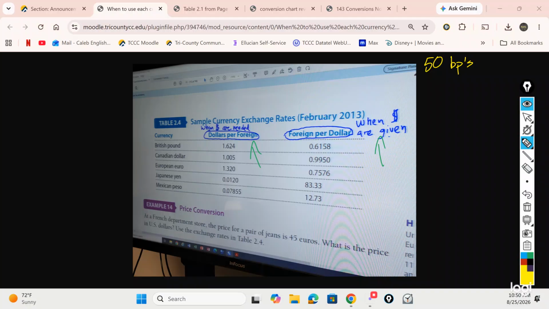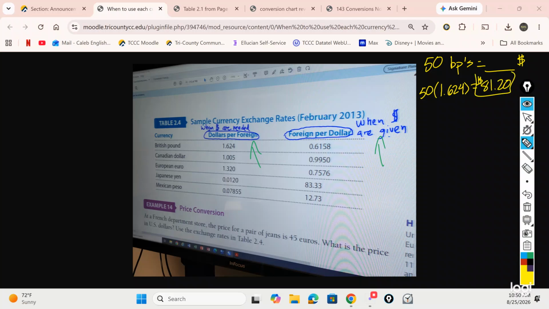And you need dollars. So you're going to take that 50, multiply it by 1.624, and that will tell you how many dollars you're going to get. So 50 times 1.624 gets us $81.20.